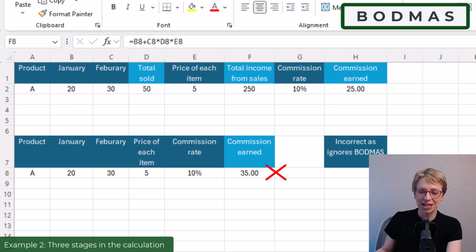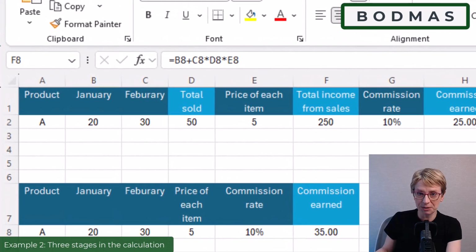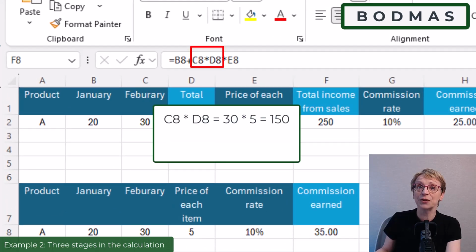Because multiplication comes before addition, Excel goes to the first multiplication it finds, going from left to right. It takes the number immediately before the multiplication sign and then multiplies it with the figure immediately after it.